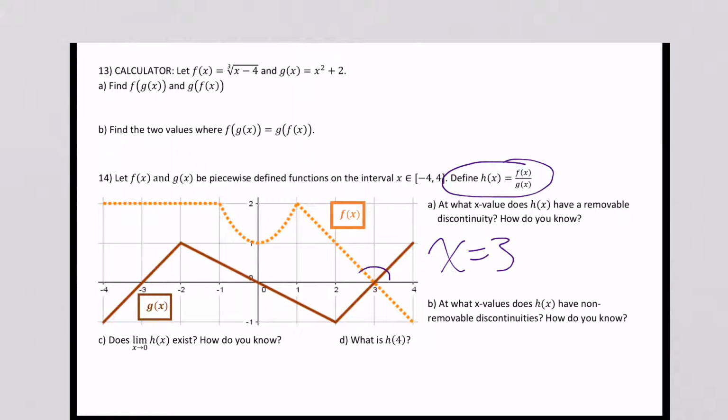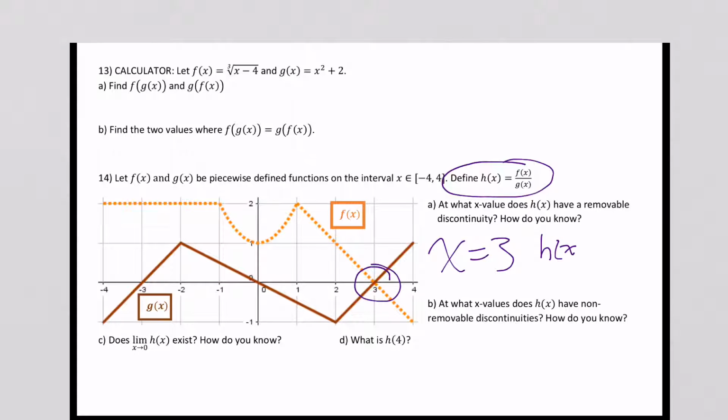I know that because both functions, f of x and g of x, have a y value of 0 there, which means since h of x is defined as f of x divided by g of x, it's quite literally division. We're taking the y values of f and dividing them by the y values of g. Well, at the x value of 3, both graphs have a y value of 0.